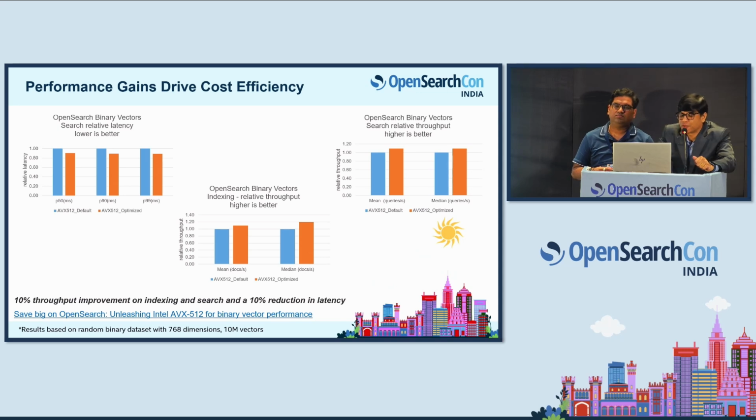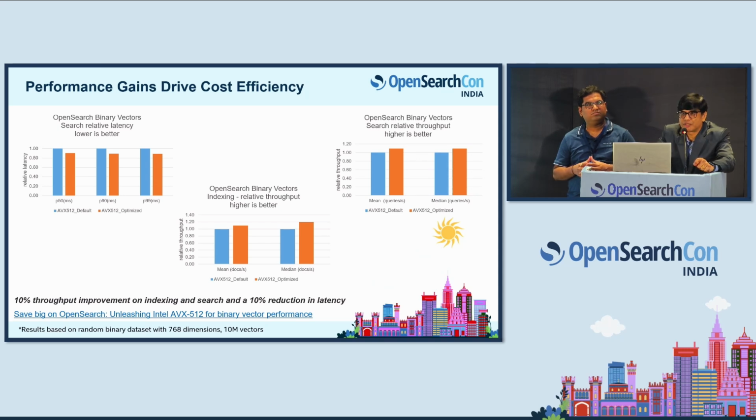If you look at these numbers, in every aspect we see a 10% throughput improvement on indexing and search, and a 10% reduction in latency, which is huge. I would like to mention the dataset we used: a random binary dataset with 768 dimensions.